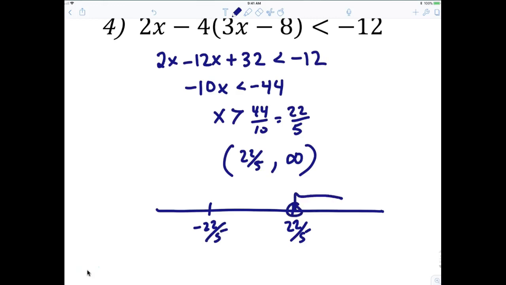Greater than. We're not going to graph, probably not. Sometimes I tell kids if you need to graph to help you, you can. Sometimes it's easier if you can see the number line before you do the interval notation, but it's not necessary.